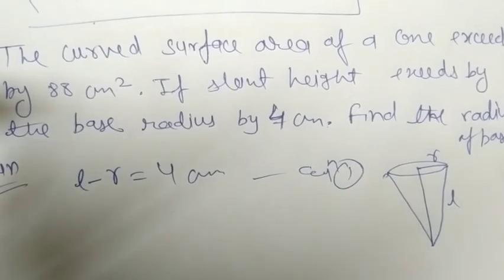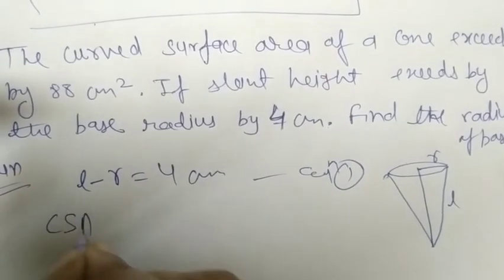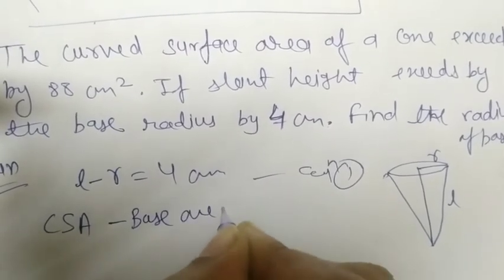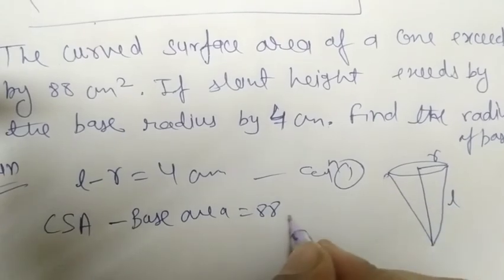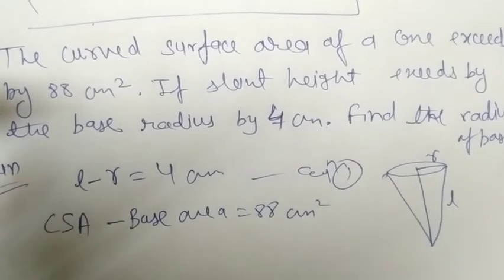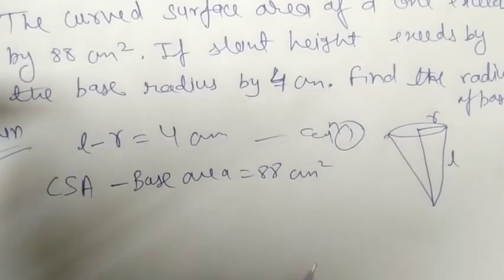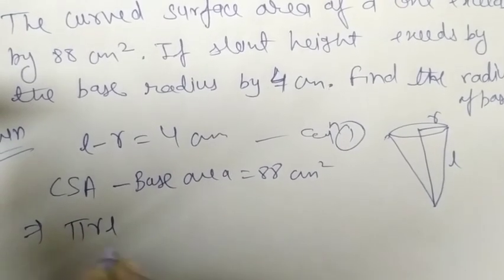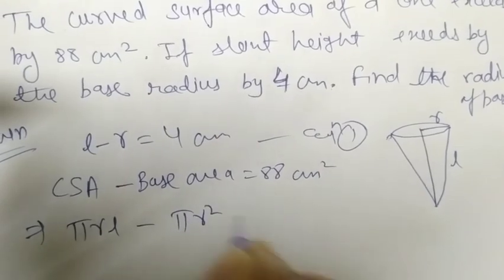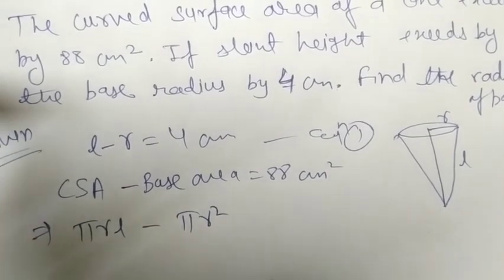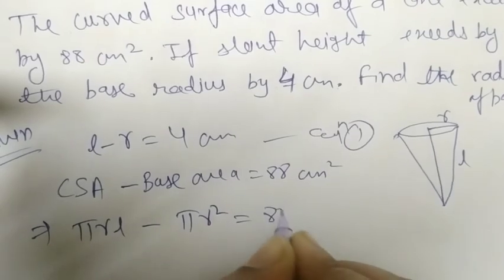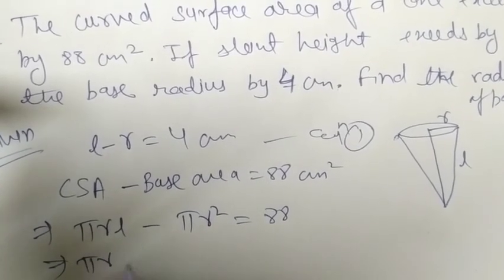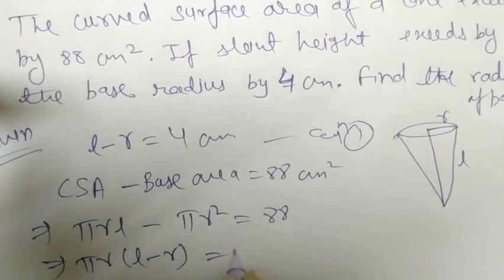Again given that the curved surface area exceeds the base area by 88 centimeter square. Putting the formulas, the curved surface area is pi r L minus base area pi r square will be equal to 88. Taking pi r common, L minus r will be equal to 88.